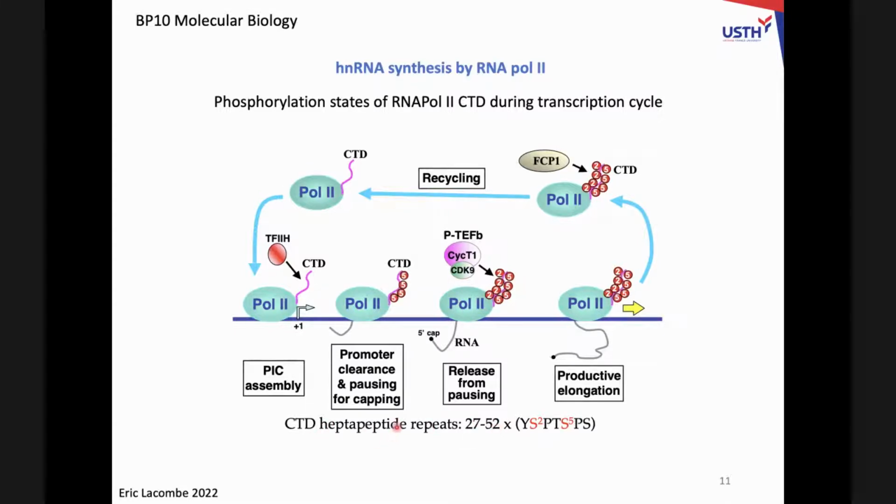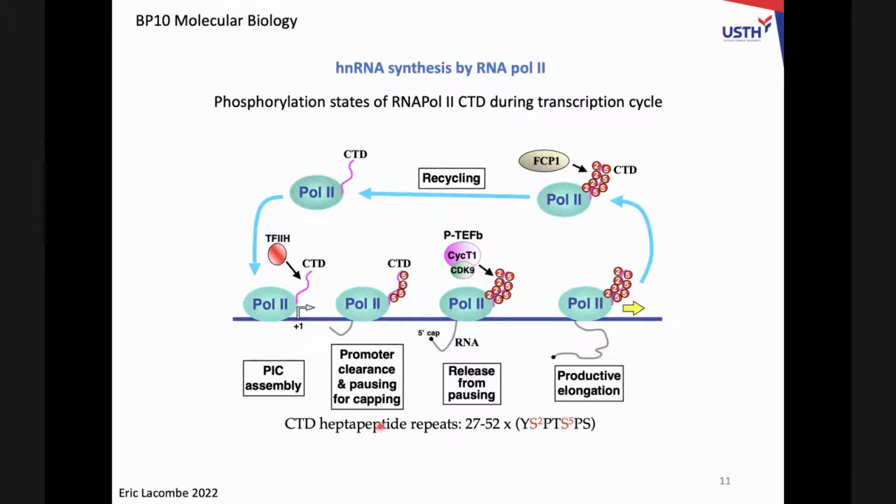So this heptapeptide is always YSPTSPS. Serine residues are amino acids that can be very easily phosphorylated. So the phosphorylation of the C-terminal tail of Pol2 occurs at the serine residues of this repeated heptapeptide. So this is just for information.